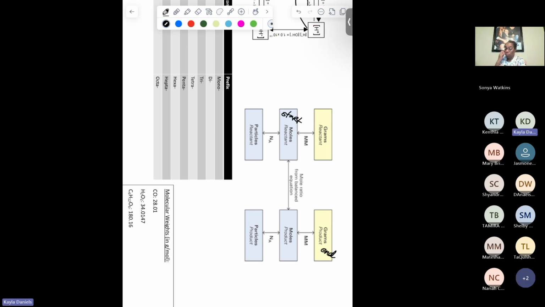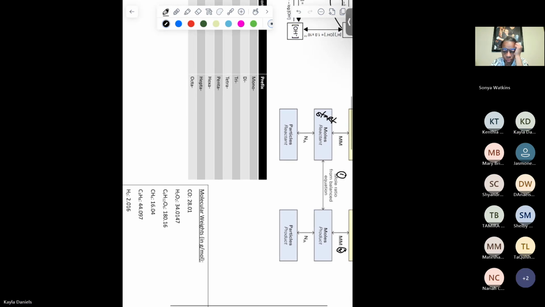We have 2 steps. First, we switch substances using the mole to mole ratio, which uses the coefficients from the balanced equation. Second, we go from moles to grams using the molar mass.